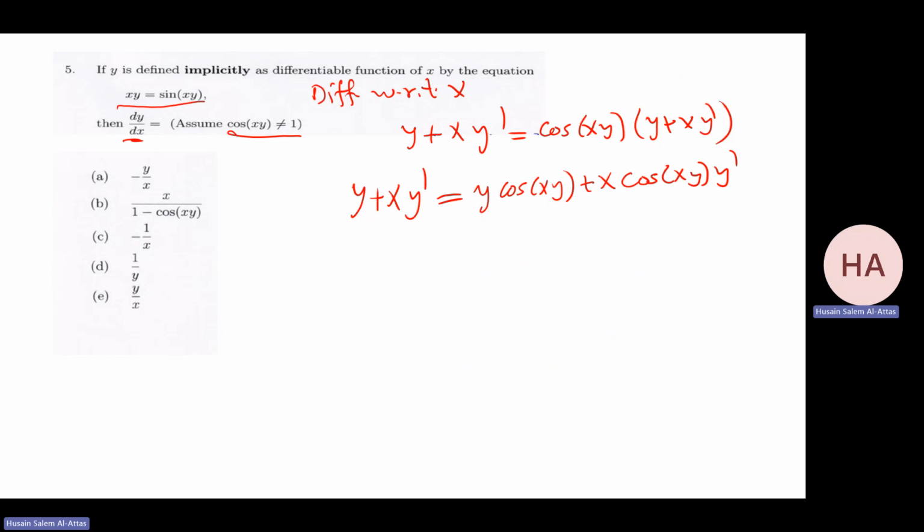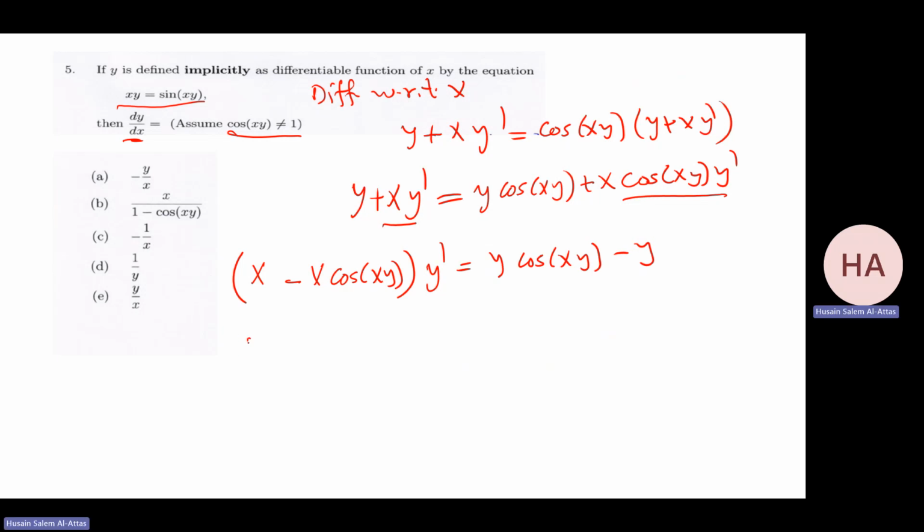Take the terms with y prime on one side, the terms with no y prime on the other side. So I have xy prime minus x cosine xy y prime equals y cosine xy minus y.